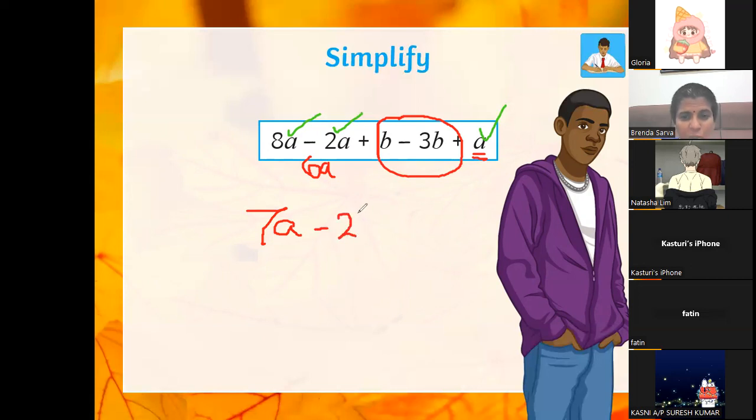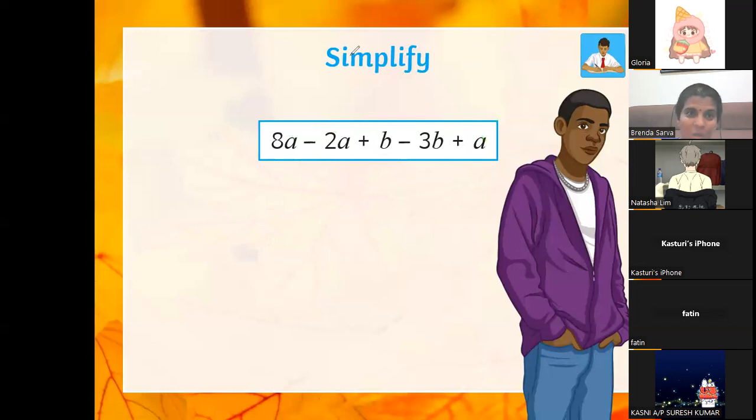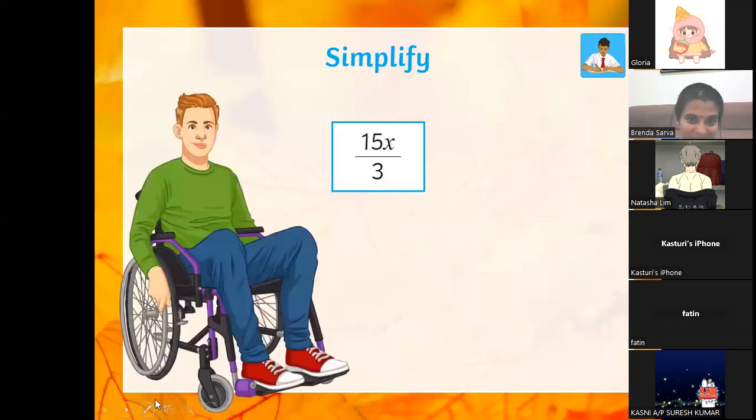So minus 2b. So that's right. 7a minus 2b. Well done. Okay. So far, so good. Clear. You'll be surprised why we are doing this. This is all what we call a warm up. Warming up your mind before we get to the real business.